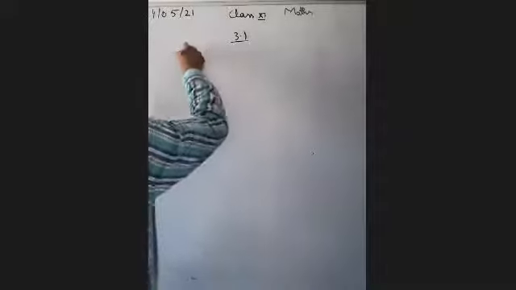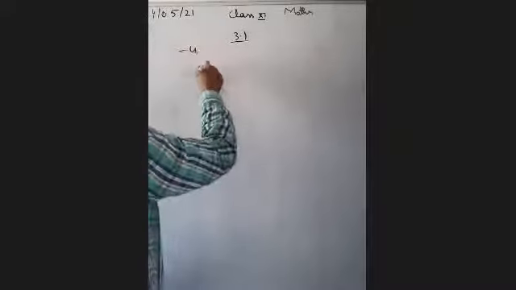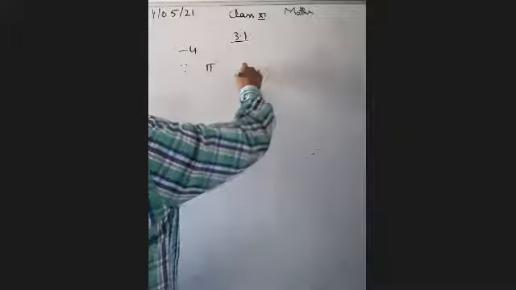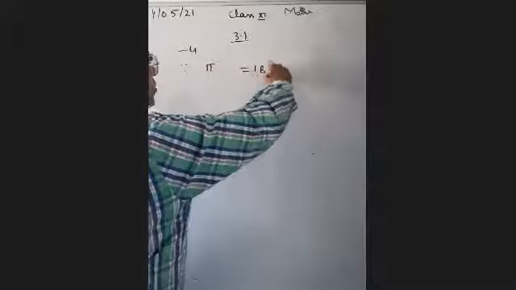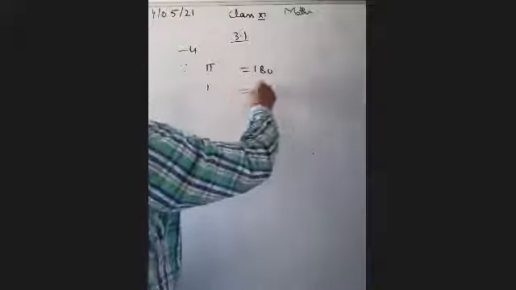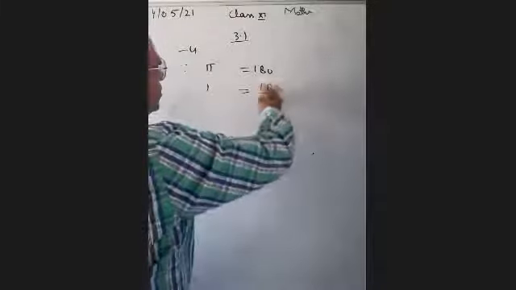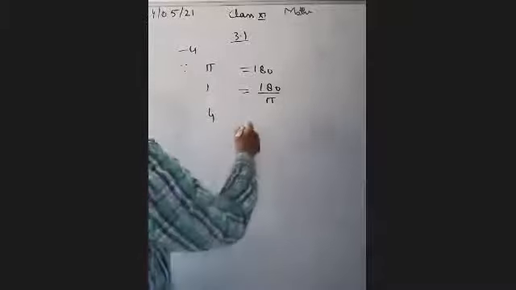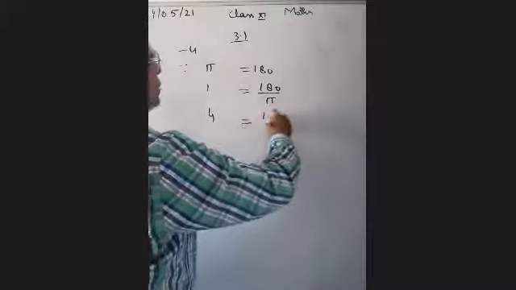Look, it is 4 radian, this 4 we want to convert. So first we convert, 4, as pi radian is equal to 180 degree. 1 radian equal to 180 upon pi. So 4 radian equal to 180 upon pi into 4.